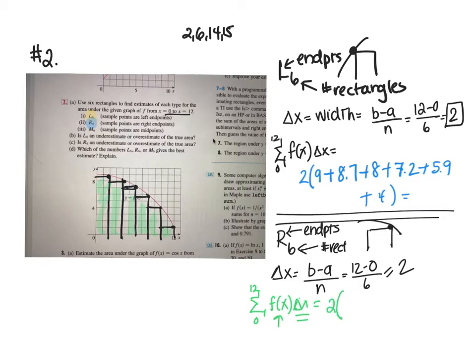The width is always 2, so I'm going to put that 2 up front. And again, it's like 8.7 plus 8 plus 7.2 plus 5.9 plus 4. And then this last height right here is like a 1. And I add those up, and I just have not finished it, but I should get an answer.